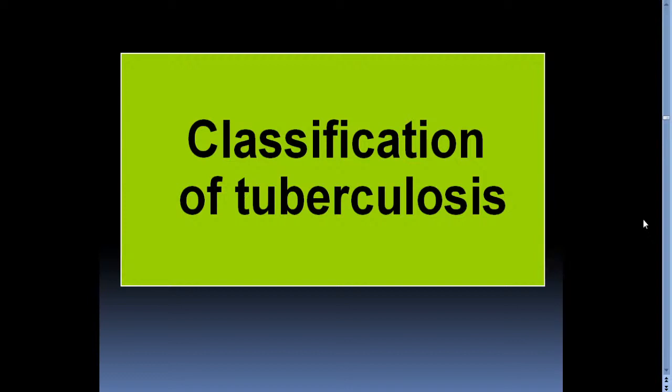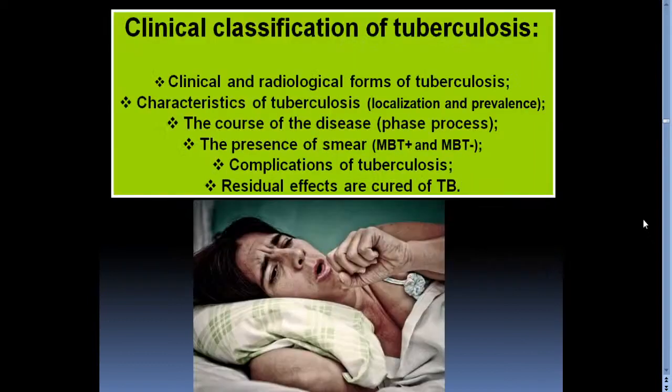Next part of today's lecture: classification of tuberculosis, the clinical classification. The clinical classification of tuberculosis contains several parts. First, clinical and radiological forms of tuberculosis. Next, characteristics of tuberculosis: localization and prevalence.